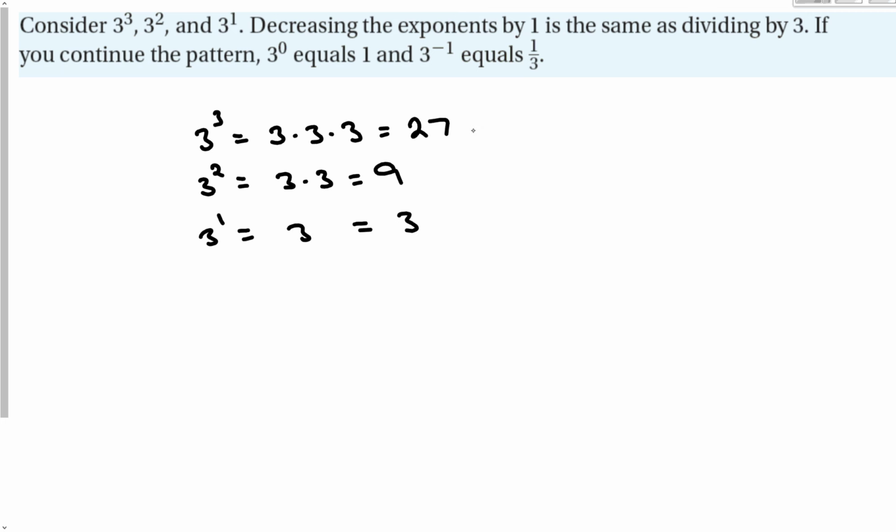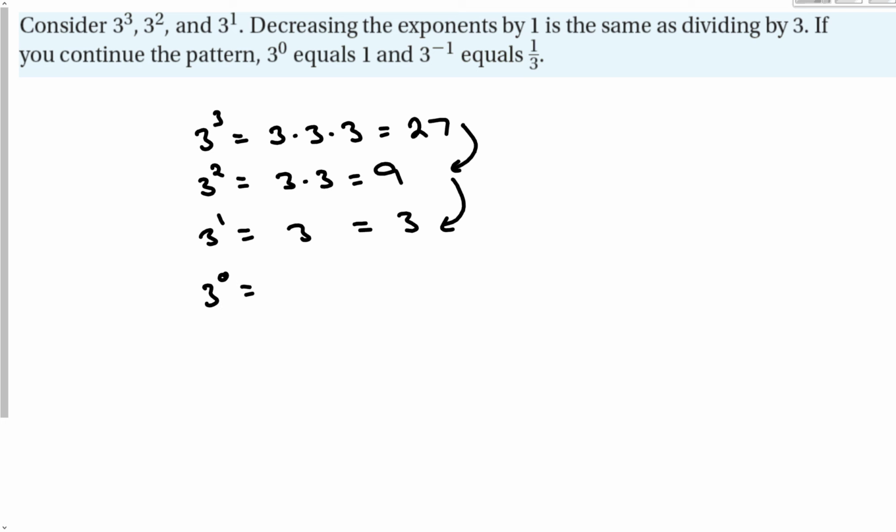And if we look at how we're getting from one of these numbers to the next number, when we decrease the exponent by 1, it's the same as dividing by 3 because we're multiplying by 1 less 3. So if we continue this pattern to go down in exponents, we're dividing these answers by 3.